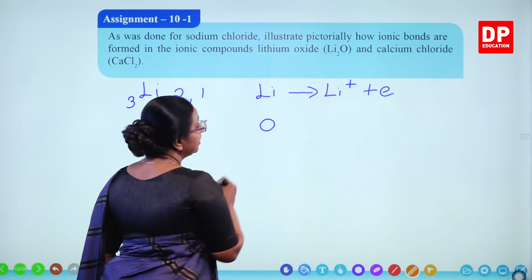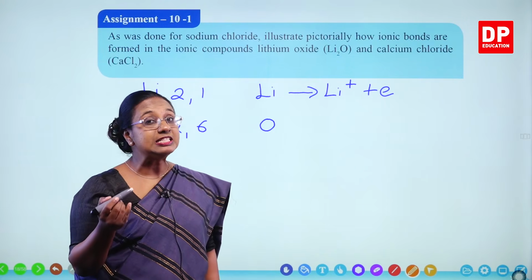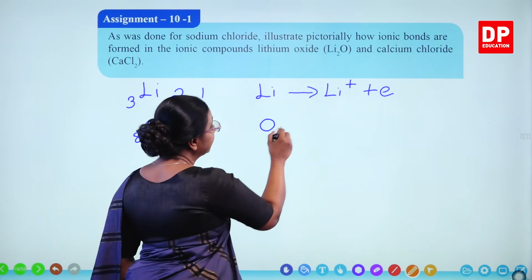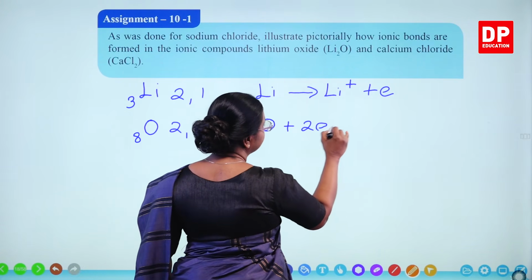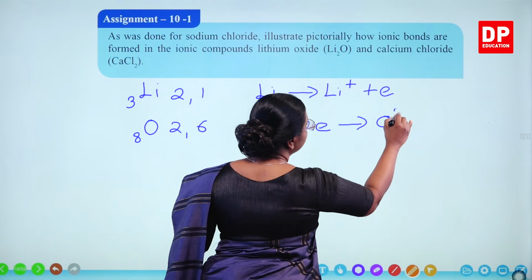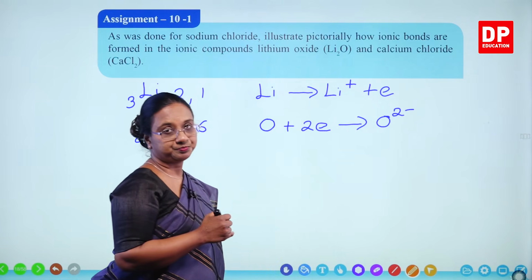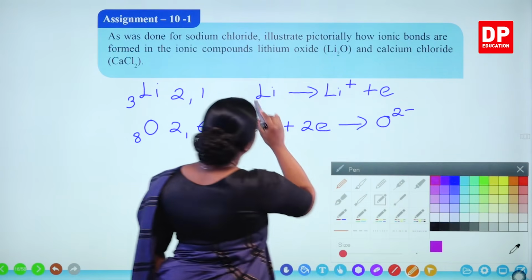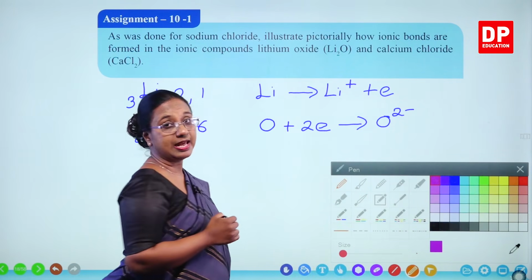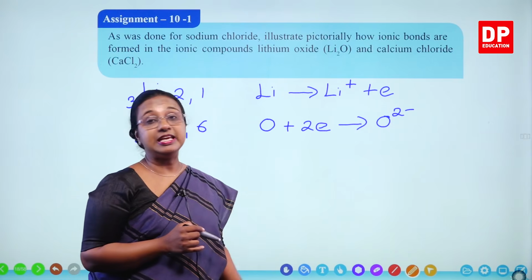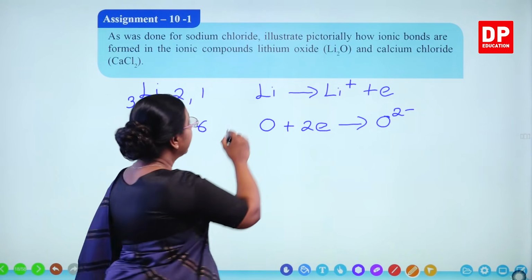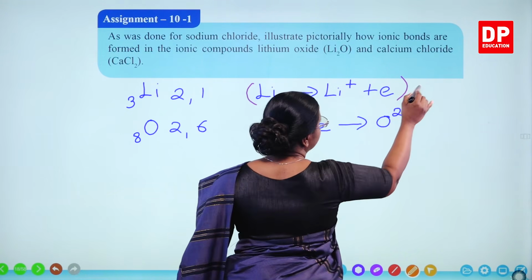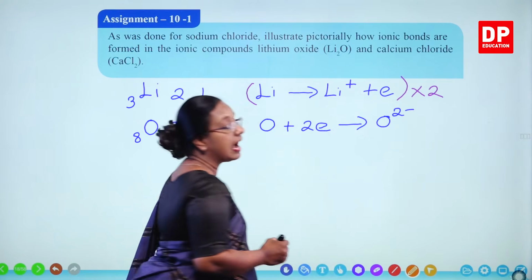Oxygen is also an electronegative element, so that will take up 2 electrons and form O2 minus ions. Again, you all can see clearly, students, lithium loses 1 electron, oxygen needs 2 electrons. That means there should be 2 lithium ions.